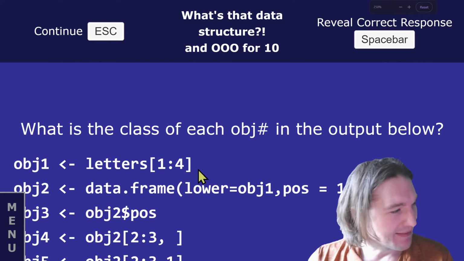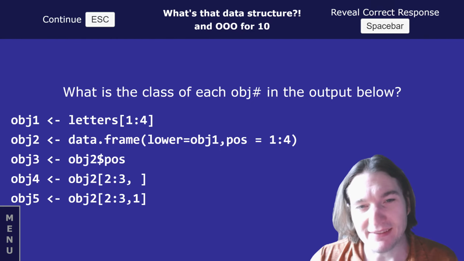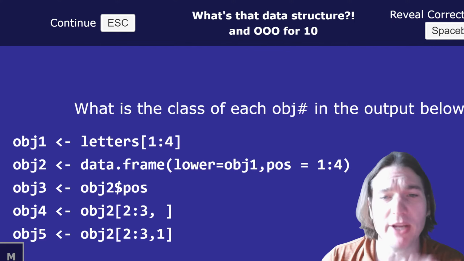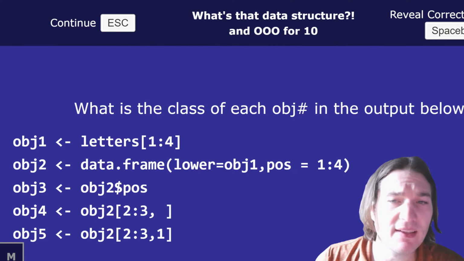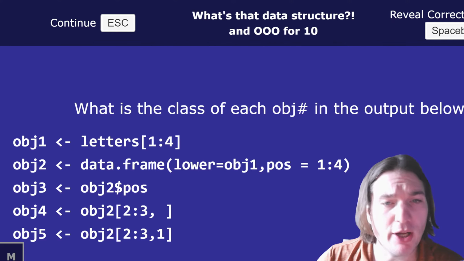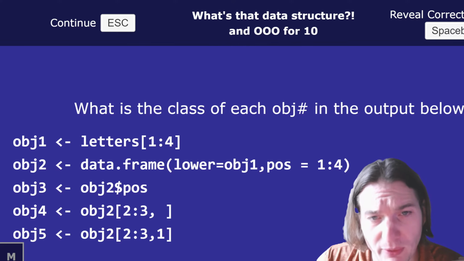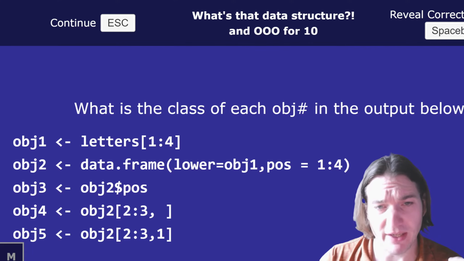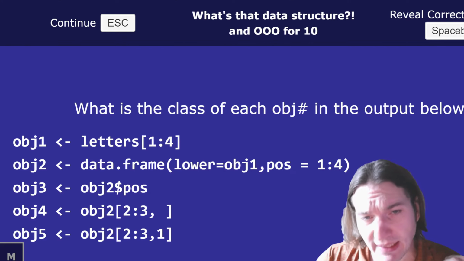And I really like this question. I think this is a good test of your understanding of what's going on. But here we go. So here I say, what is the class of each object? And that stuff below. We can see letters 1 through 4. Well, letters is a character vector, which means object 1 will be a character vector. I'm then making a data frame.